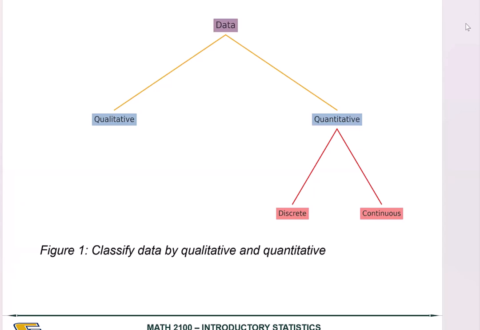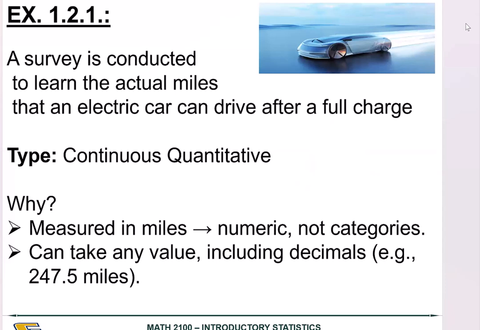So this figure tells us how data can be classified either qualitative or quantitative. And if quantitative, it can be further classified as discrete quantitative or continuous quantitative. So let's look at an example. A survey is conducted to learn the actual miles that an electric car can ride after a full charge. In this case, the data we get will be the mileage the car can drive. So this is a continuous quantitative data type.